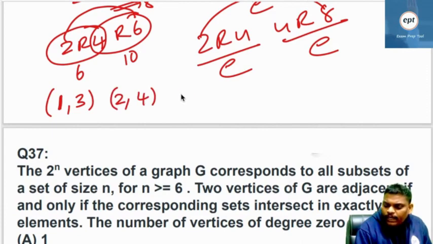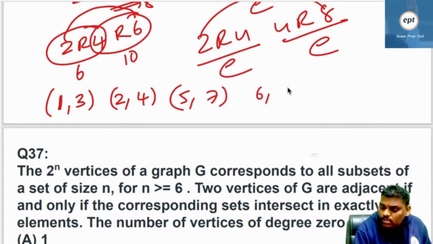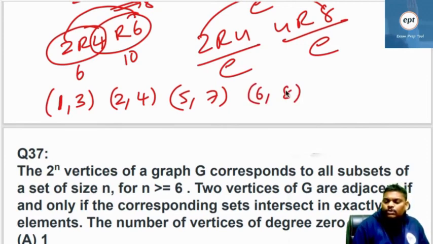If I take 5, odd number, it should also be odd. If I take 6, even number, it should also be an even number. Are you getting?